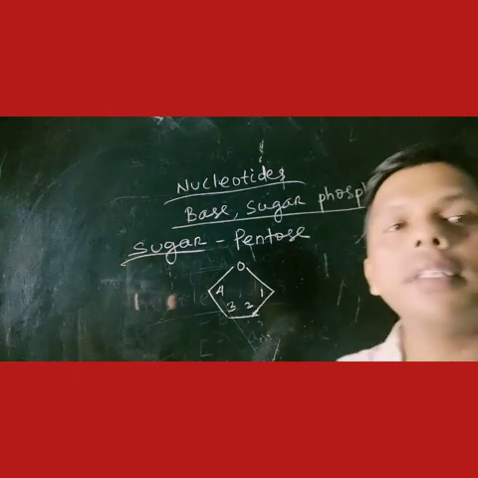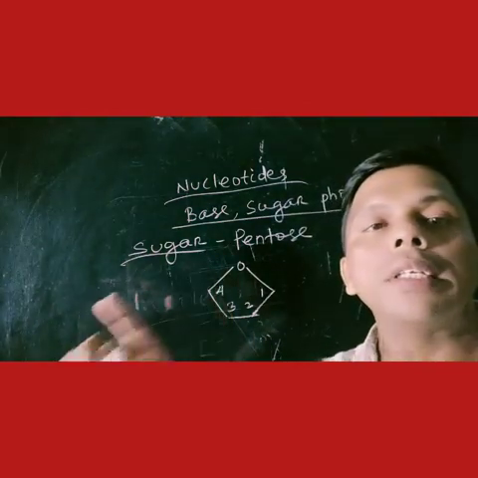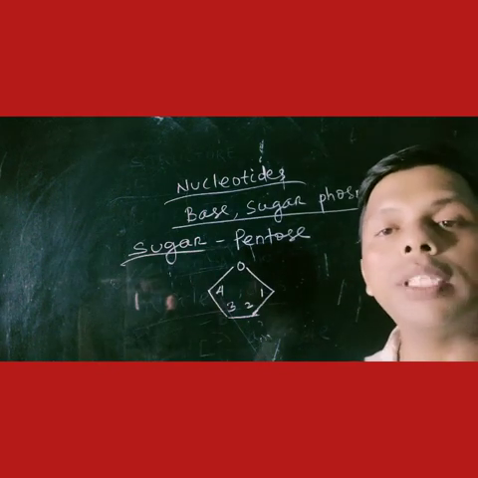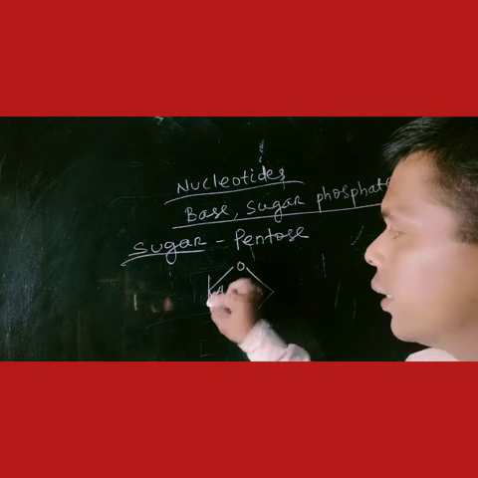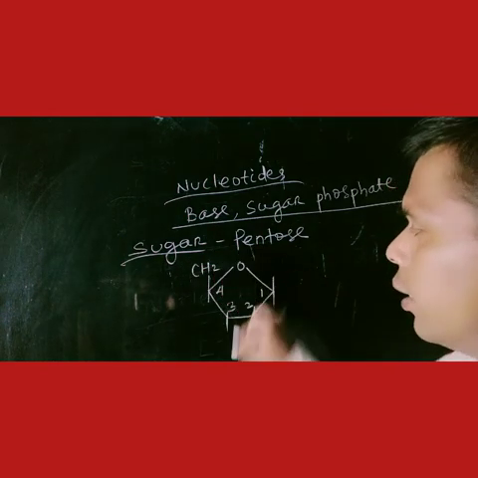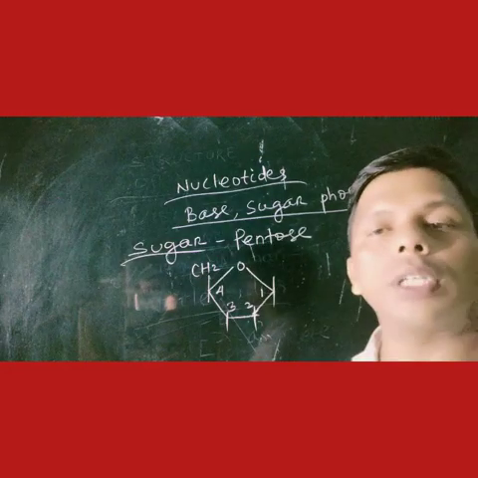The fifth carbon is CH2, which is present outside the ring.